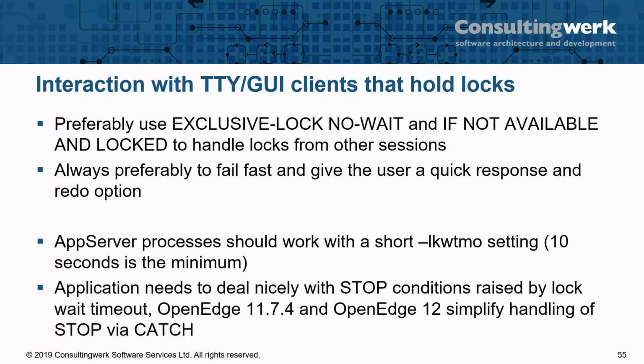So the 10-second lock wait timeout means you would try to save a record, and the app server would run into a record lock and wait for 10 seconds before it comes back to you. That's not a good behavior. So either we should try to get Progress to provide a sub-second option for LKWTMO, or you need to try to lock records with NO-WAIT and handle that yourself.